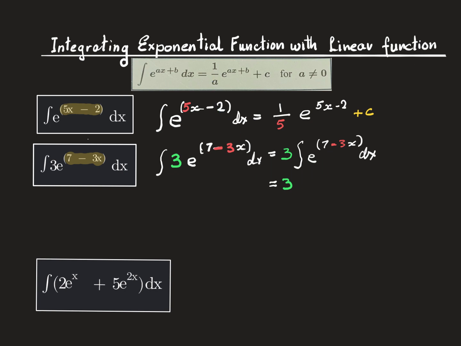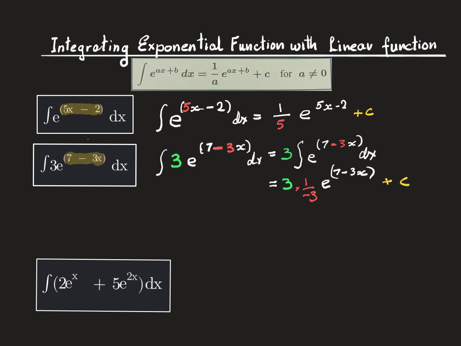So I will multiply this by 1 over minus 3. And then I just rewrite that same e to the 7 minus 3x as it is. And of course, just add the c.